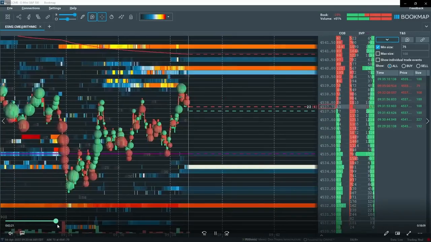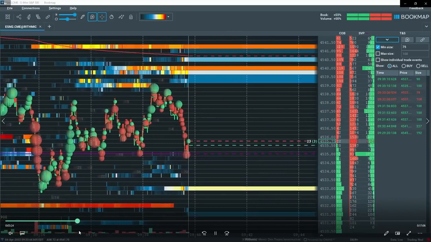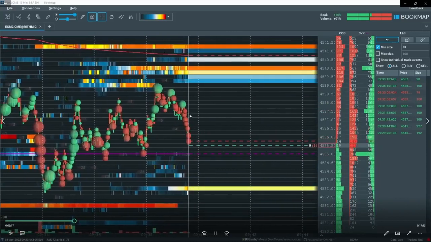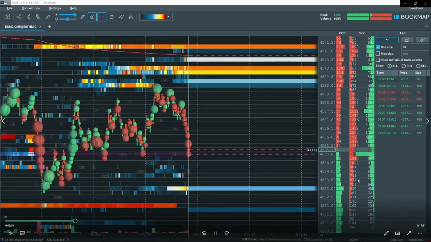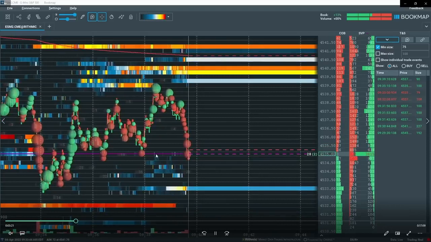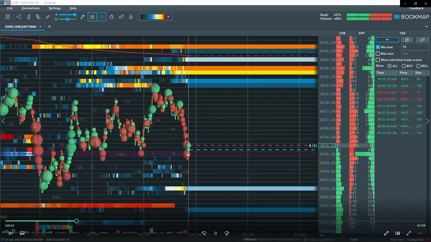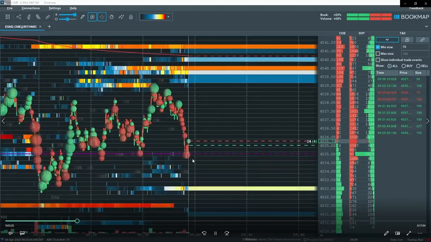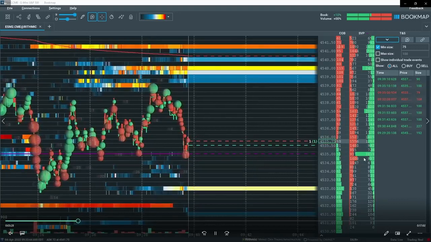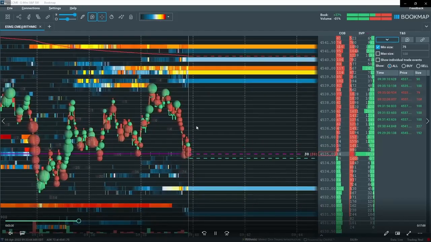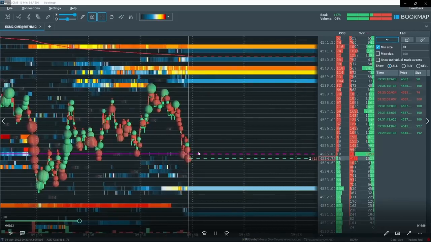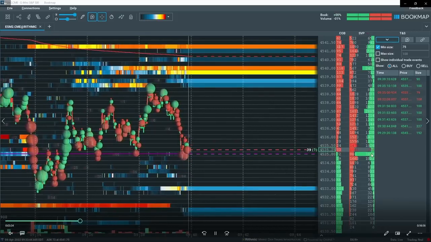We defend it, and I think we pull back into it one more time. Yep, we pull back into 45.35 one more time. There isn't a passive buyer here, yet the market could not get below 45.35. So I don't know if it's this buyer doing whatever he wants to do to defend that position or if it's somebody else, but we really could not break below 45.35.